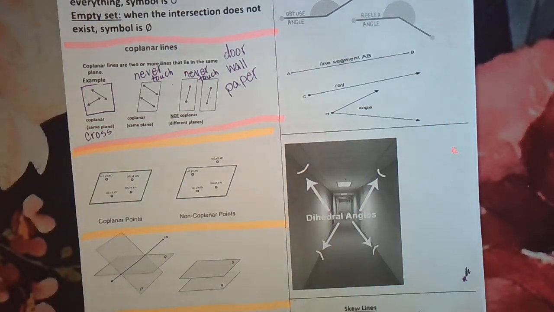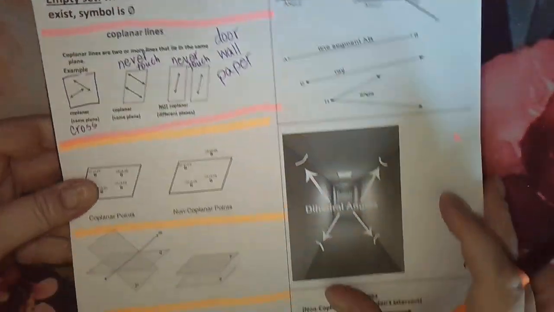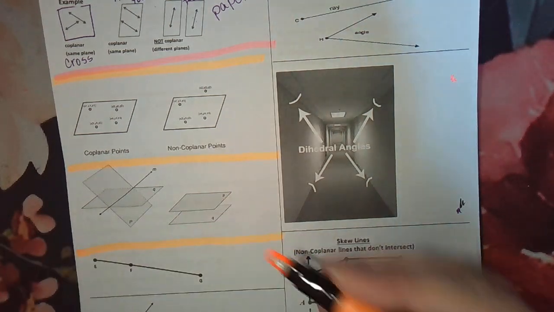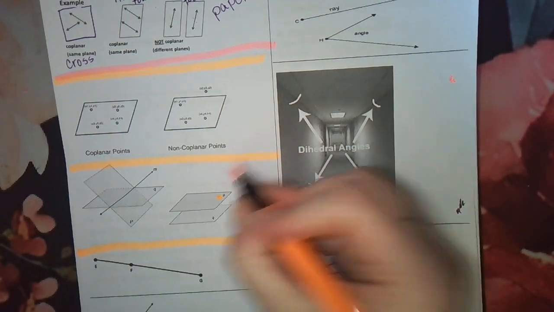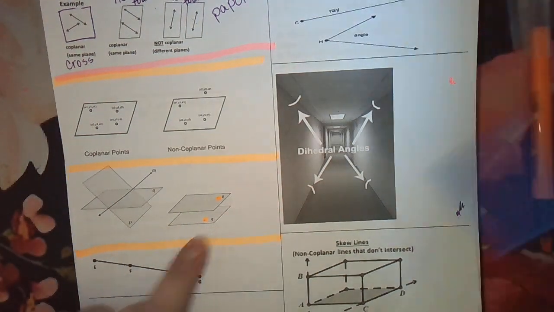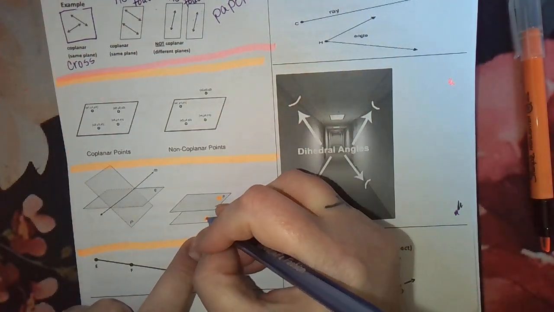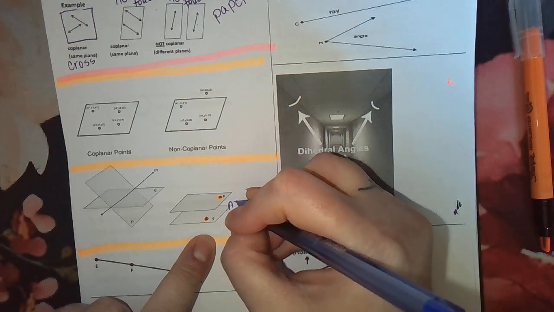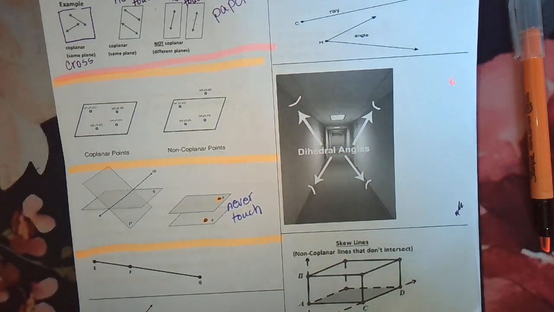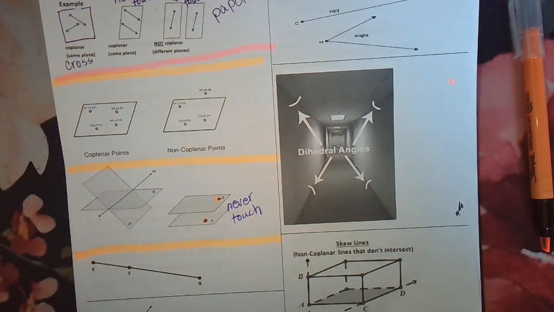Okay. So the next thing is how planes can actually touch each other. Either you have two planes that don't touch each other, and let's say we have point P on this top and point Q on this other. These two points are never going to touch, because they're on different planes, or two pieces of paper.